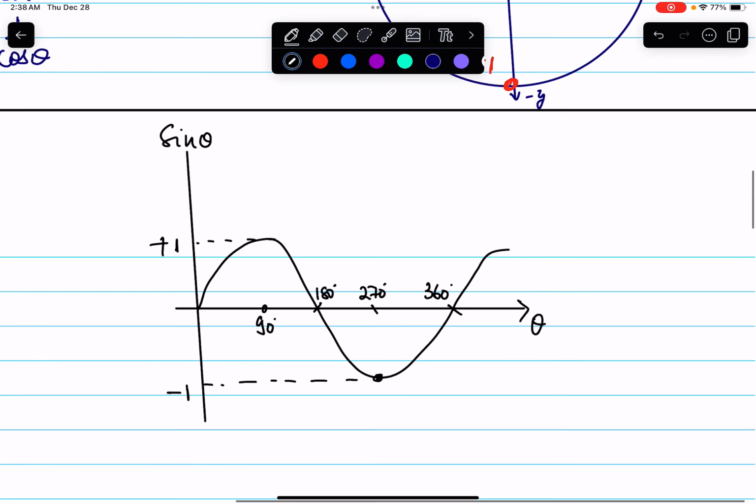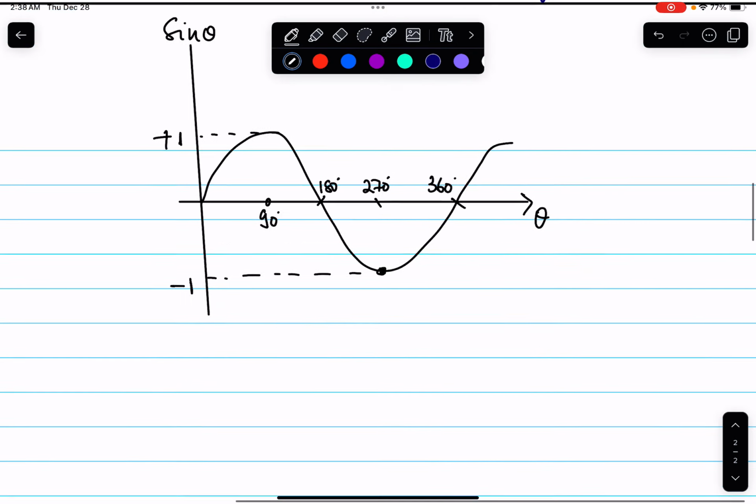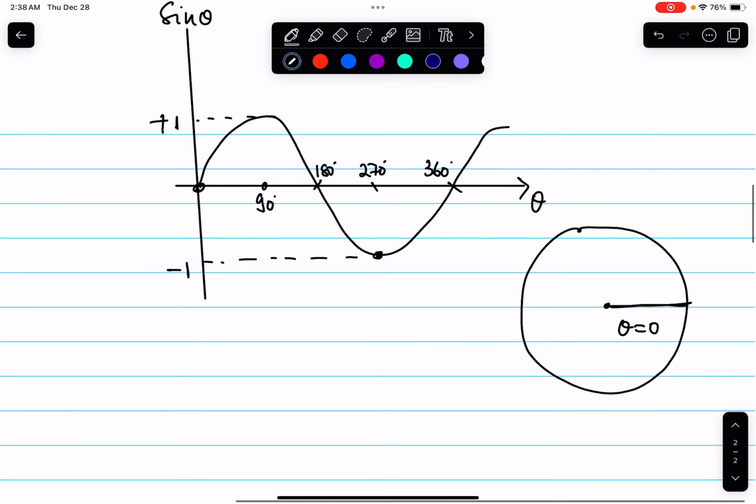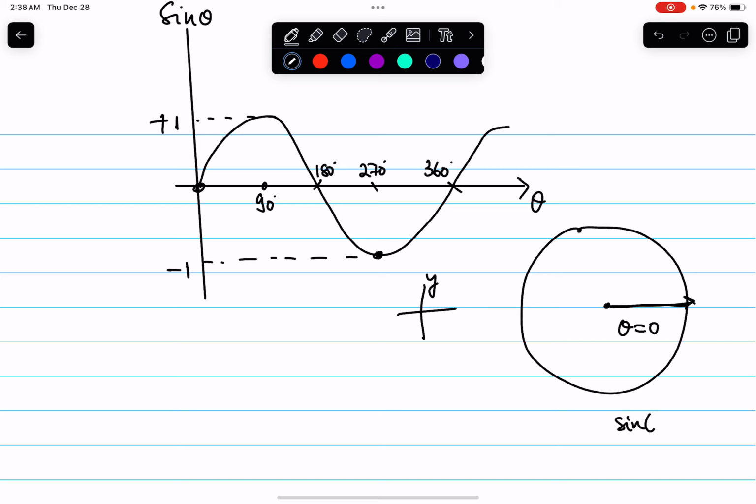Okay? So basically, once again, you have a unit circle. When theta is 0 degrees, this is a flat line, right? At a flat line, we know that theta is 0. So when theta is 0 degrees, if this is the y-axis, the corresponding y value is 0, right? So we can say that sine of 0 is 0. So you start off at 0 over here.